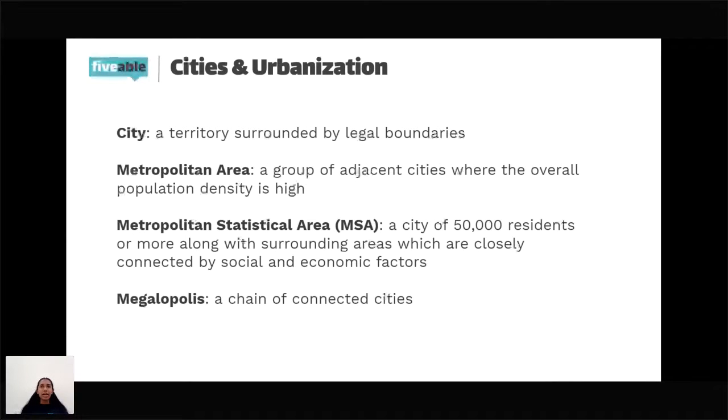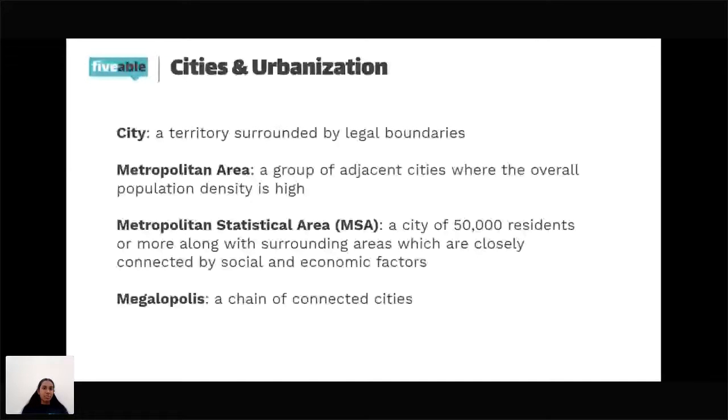This is where Baltimore, Boston, and Washington, D.C., along with other cities, form this continuous chain of cities, and they all have a lot of population and good economies. That's the difference between a megalopolis and a metropolitan area.